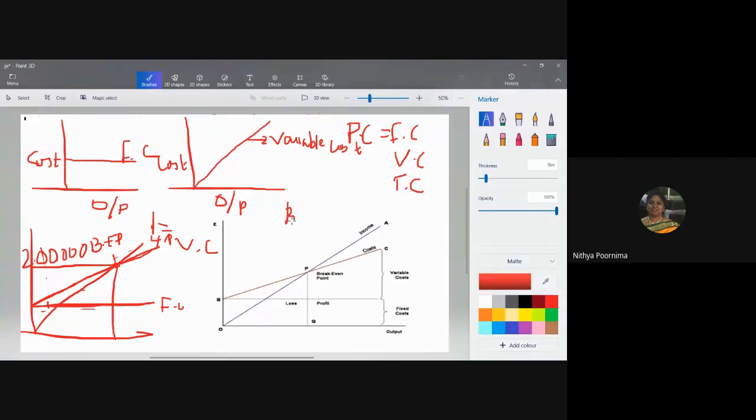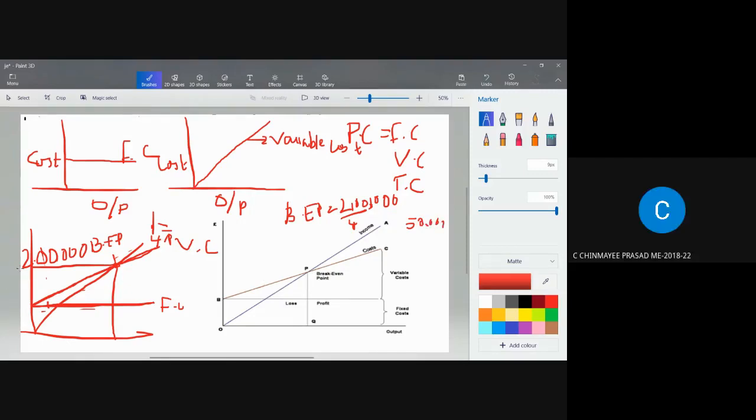The break-even point will be 2 lakhs divided by 4. So how much will you get? You should get 50,000, correct?